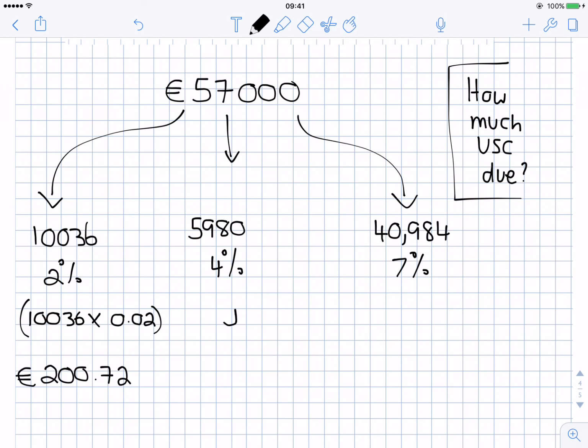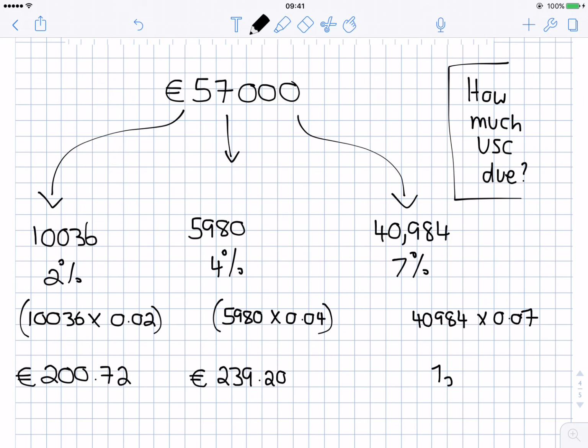Then the €5,980 at 4% is going to come in at €239.20. And then 40,984 multiplied by 0.07 is going to come in at €768.88. So that's how much USC she has to pay. All three of them added together.